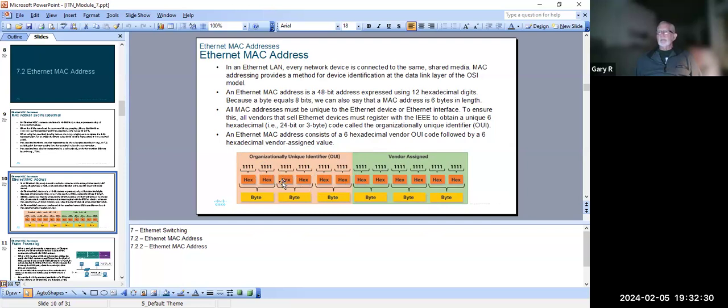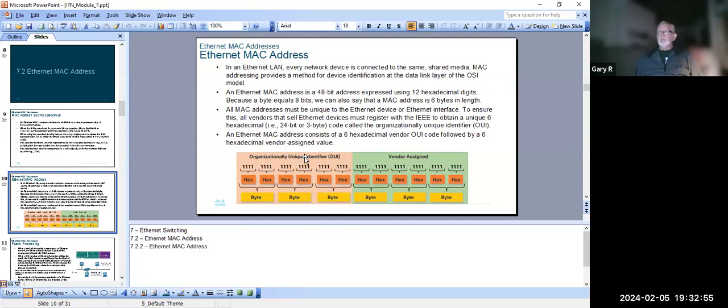And basically, these all add up to 24 bits or 3 bytes. Each byte is 8 bits. These are actually indicated as ones, binary ones, not hex characters up here. So what we're showing you is you have, first of all, 24 bits or 3 bytes.